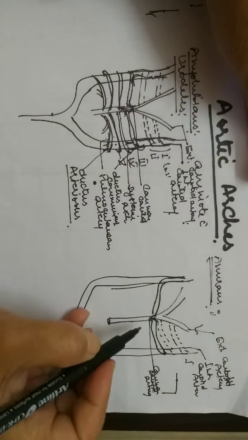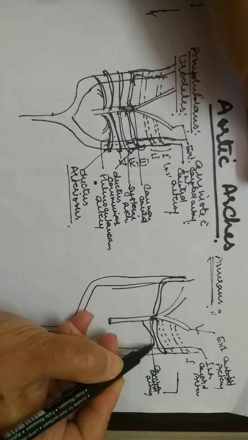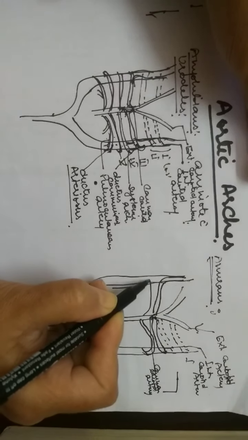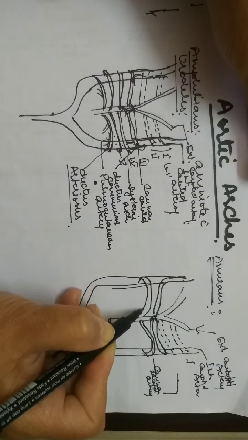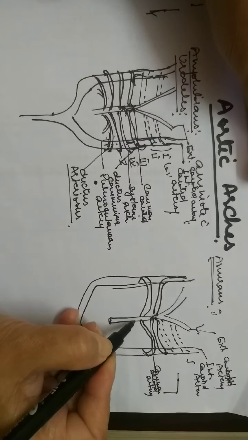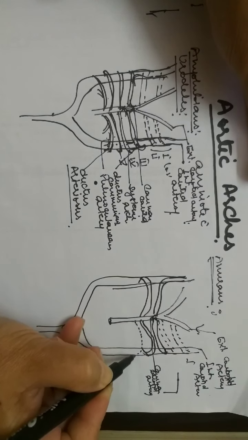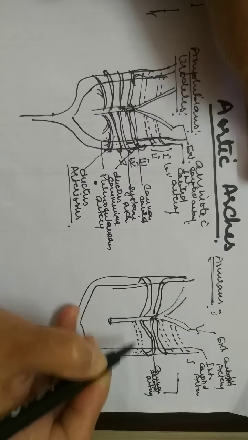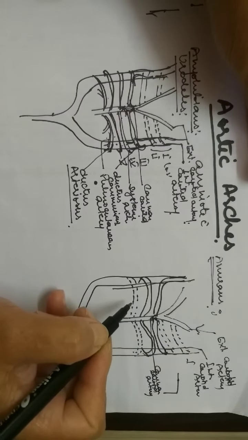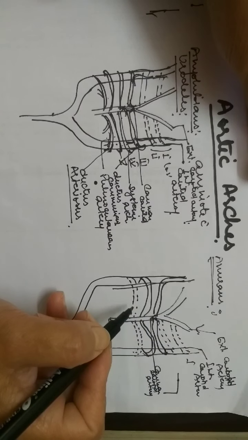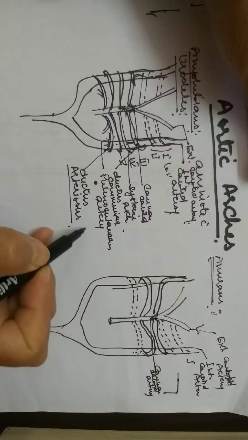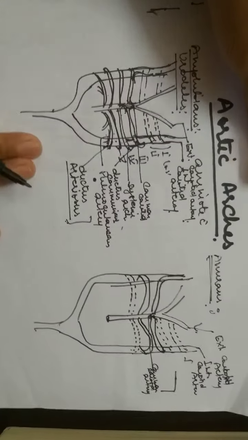And here is the fourth one, fourth aortic arch, and this is the fifth aortic arch, which I said is already lost. This is lost, and moreover the connection is also lost.